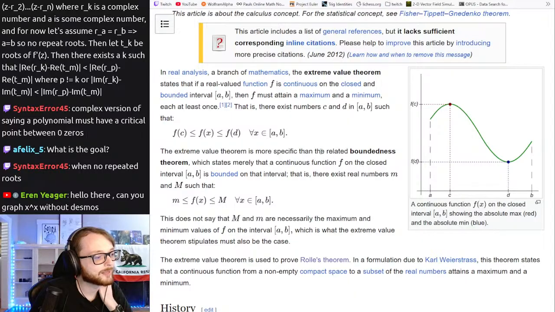Graphing x to the x without Desmos? Probably not.